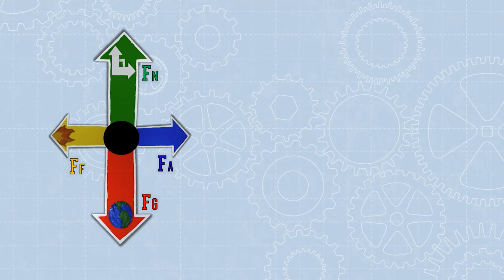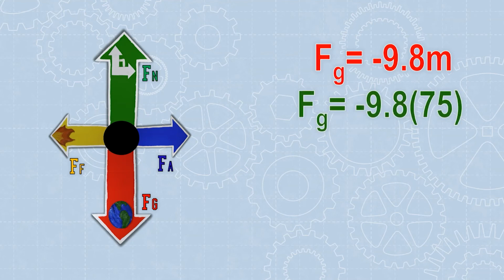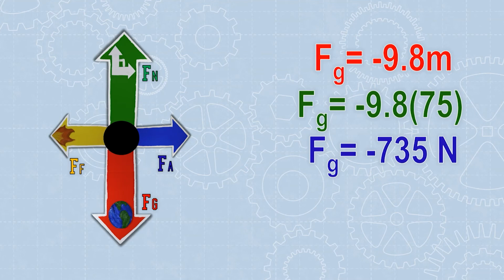Now that we have our force diagram drawn, we can start including some values. This is a 75 kilogram person, so we take their mass, 75, times the gravitational constant of negative 9.8. Remember, this is the acceleration of objects here on Earth, negative 9.8. Multiply that together and we get negative 735 newtons. That makes sense because gravity's pulling downward in a negative direction.